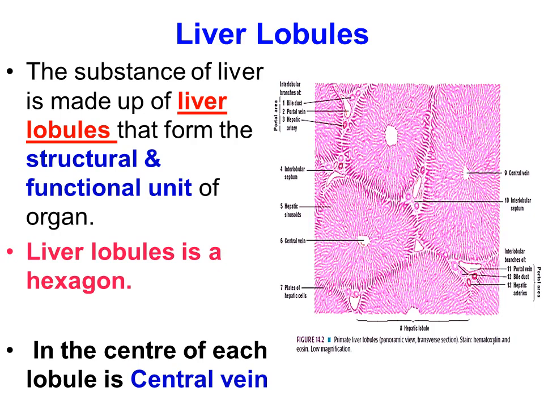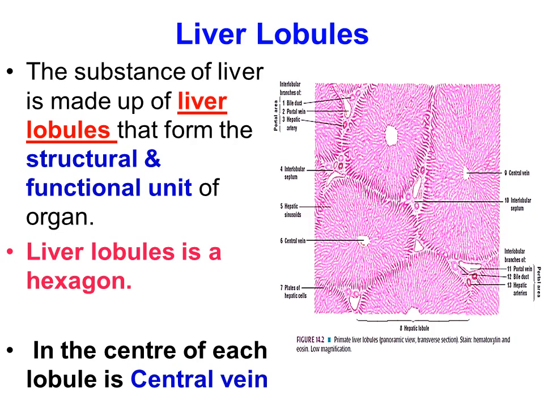Also, at the corners or the angles of the hexagonal lobule, there are small triangular areas of connective tissue, the portal canal, which contains the portal triad. Thus, around the periphery of each lobule, there are several portal triads. Also, the boundaries of hexagonal lobules are touching each other.